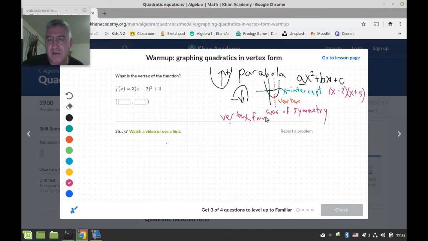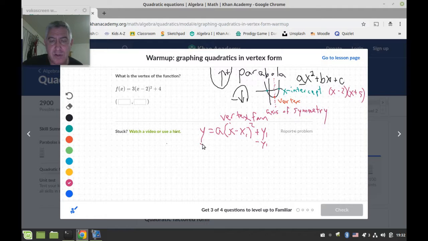The vertex form looks like a times x minus x1 squared plus y1. And if we say y is equal to that, I'm not going to use function notation, we get the vertex form, and then we can do something that's kind of interesting.